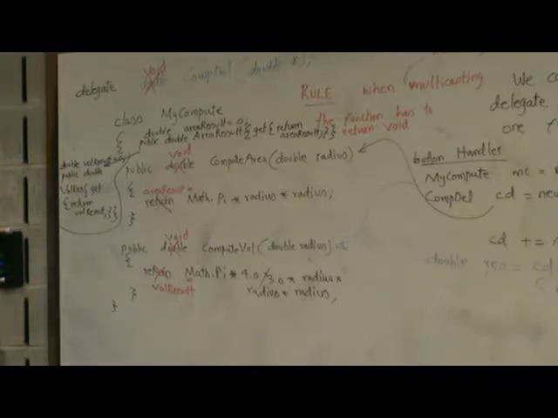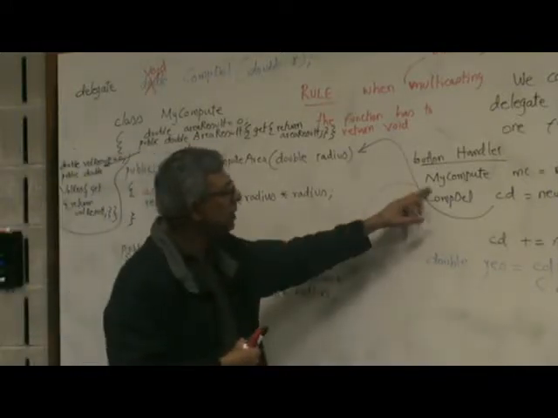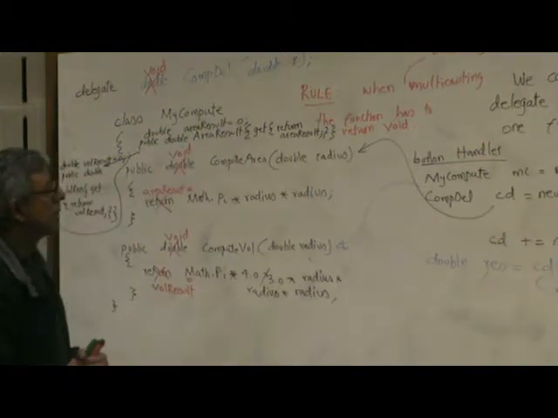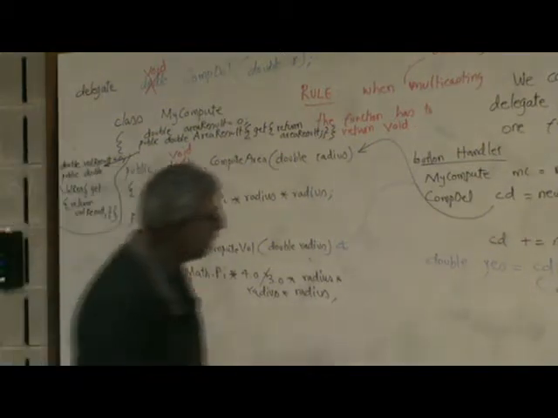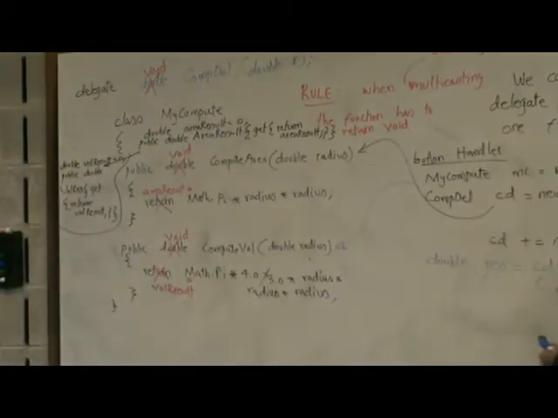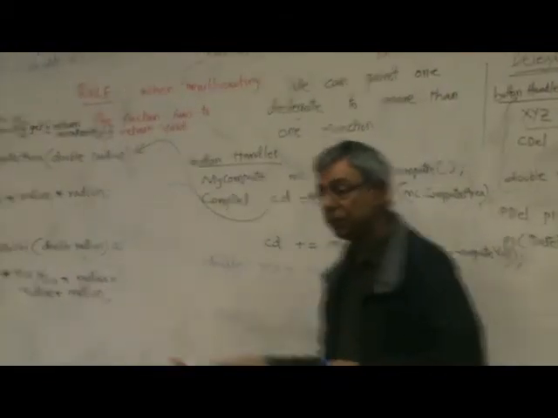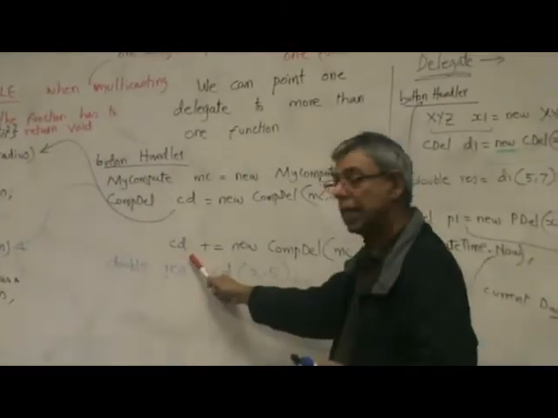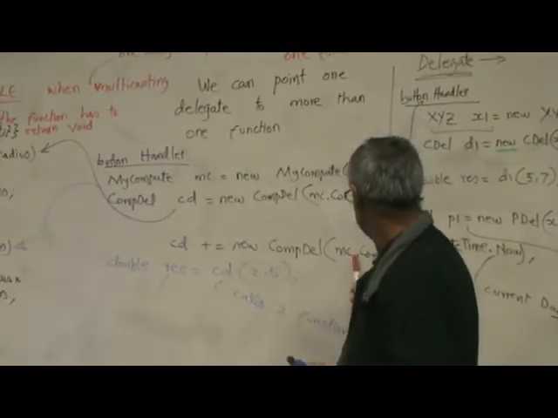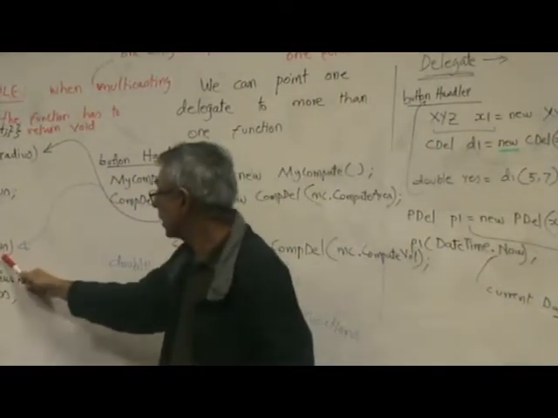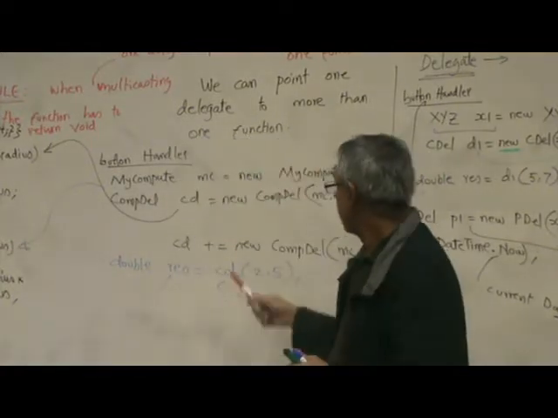Okay, so now let's go over here. So our first delegate that we created, we can make it point to compute area, which is fine. Second delegate using the plus equal to, we can make it point to the second function, right?